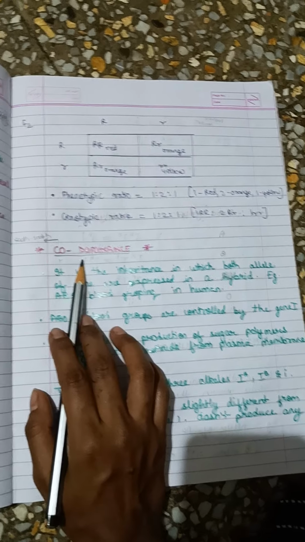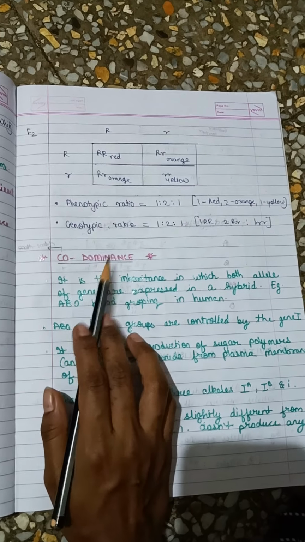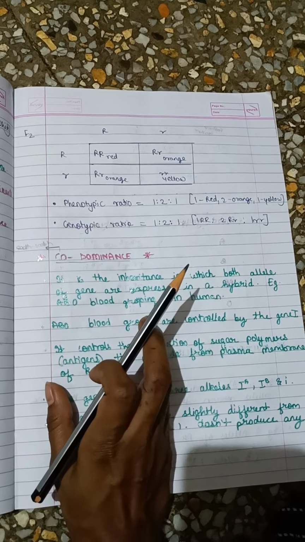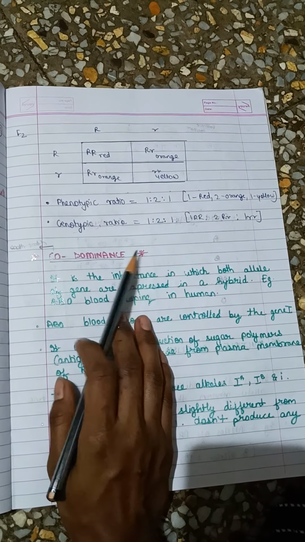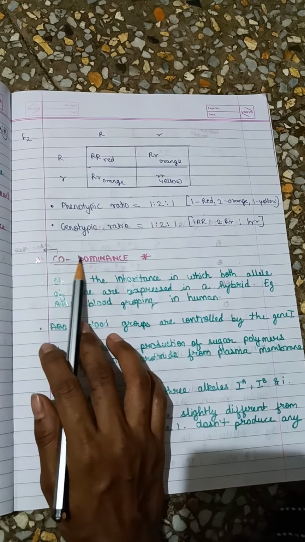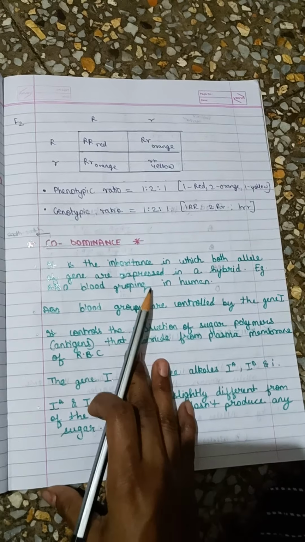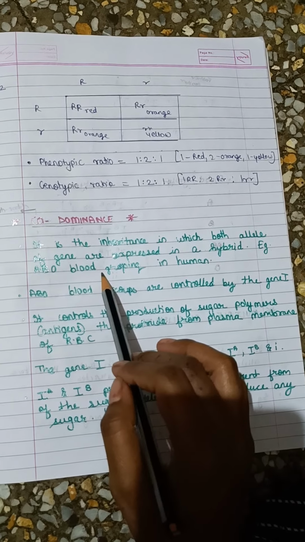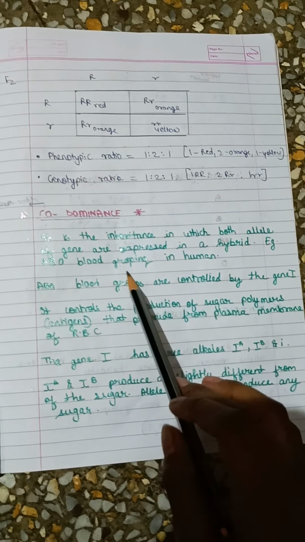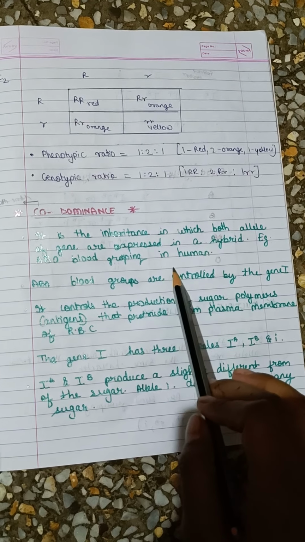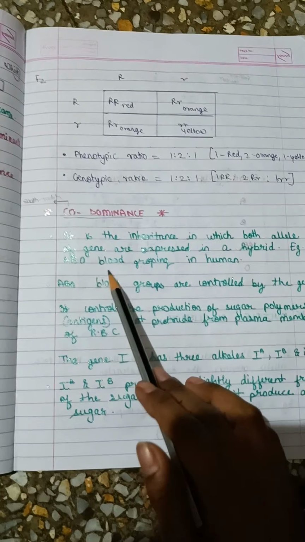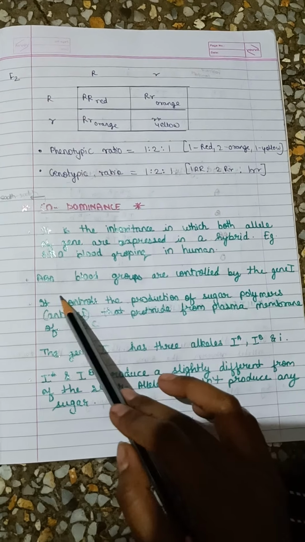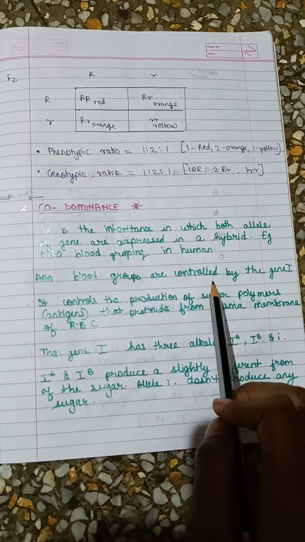Codominance. The second term is codominance, in which dominance means little difference, but co means together. It is the inheritance in which both alleles of a gene are expressed in a hybrid. Example: ABO blood grouping in humans. ABO blood groups are controlled by the I gene.